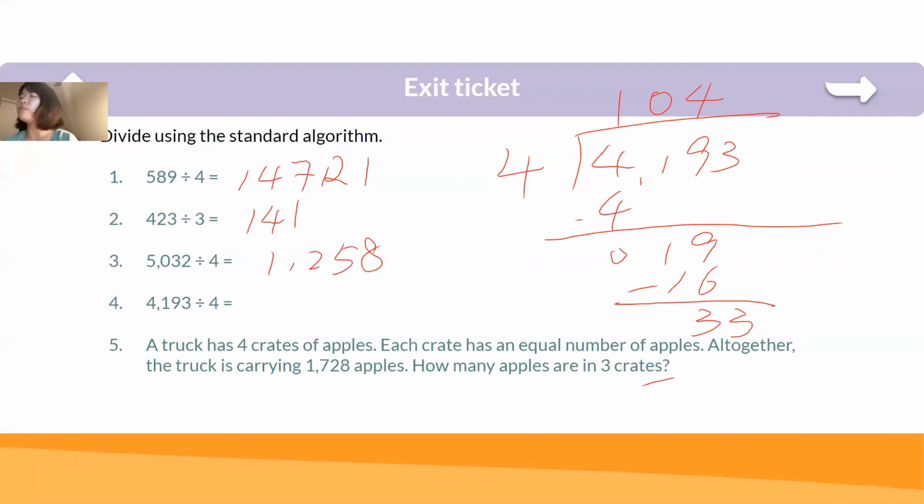Then we can break 33 into 4 groups by, let's see, 4 times 8, 32. Okay, good. 33 minus 32, 1. And the remainder is 1. So 4,193 divided by 4 is 1,048, remainder 1.